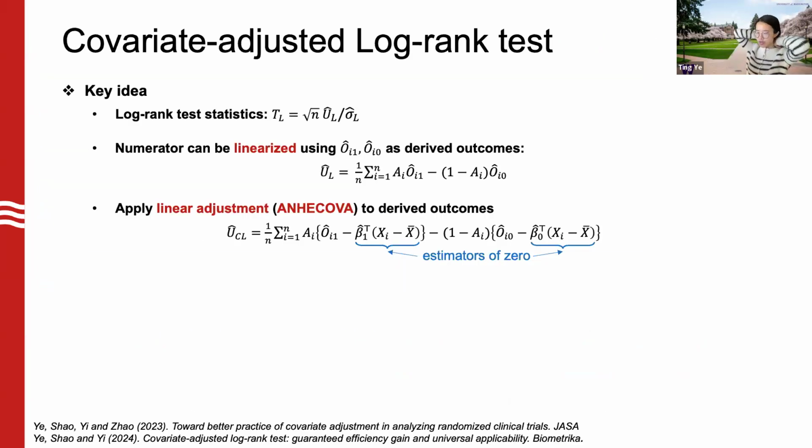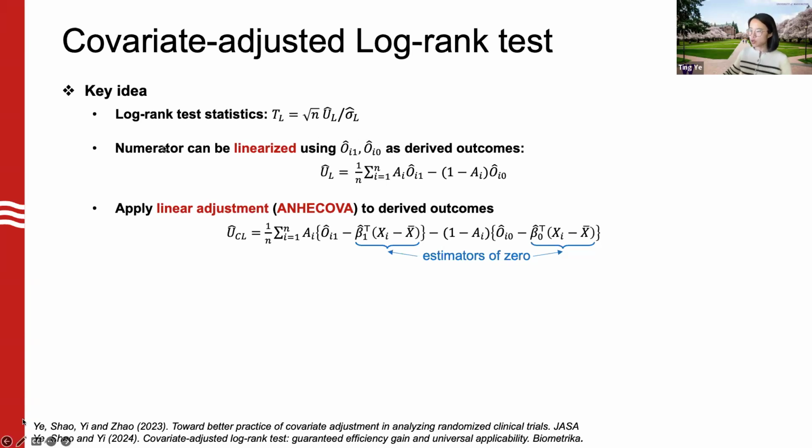This is for the covariate adjusted log rank test. We know the standard log rank test looks like this, where the numerator is the score function from the partial likelihood, and the denominator is essentially a variance estimator of the numerator. So that's the standard log rank test.